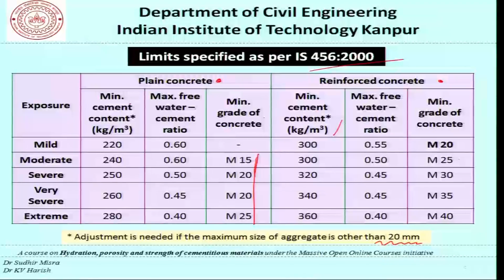Compare this column with respect to this column which is for reinforced concrete, and we can see that the grades of concrete are about 10 MPa higher or maybe even 15 MPa higher when it comes to more severe environments. Similarly, the water cement ratio requirements are much more stringent here than here, and the minimum cement requirements are also higher.